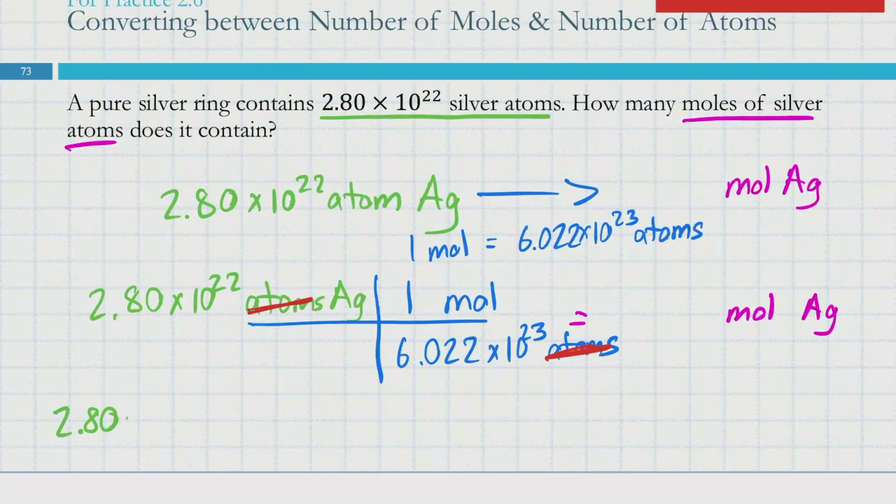And that'll insert a small capital E. This small capital E means times 10 to whatever follows it. So in this case, we're going to write 22. And then we're going to divide by our 6.022, hit the dolphin noise key, 23.